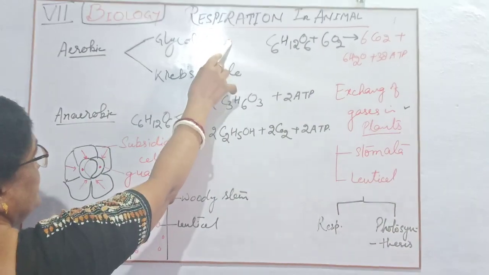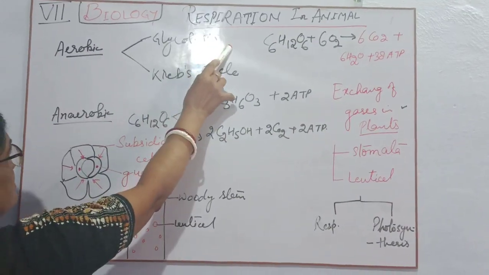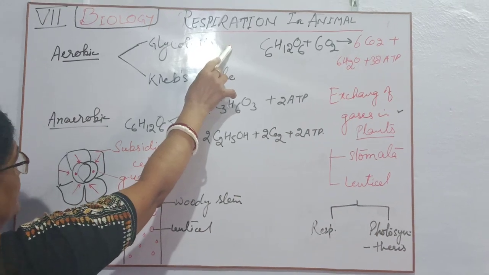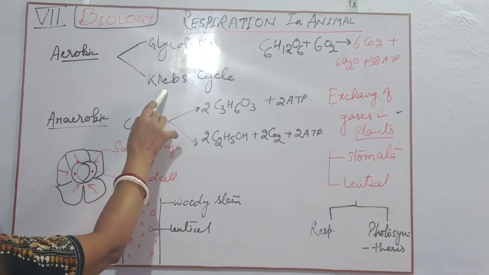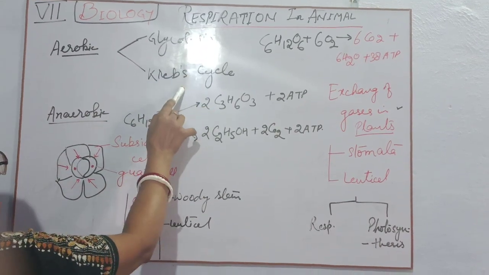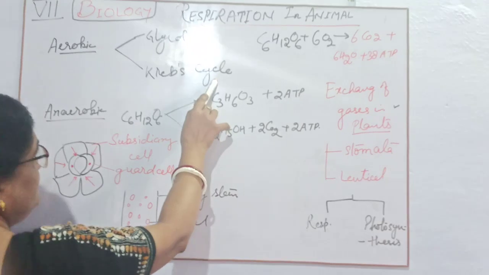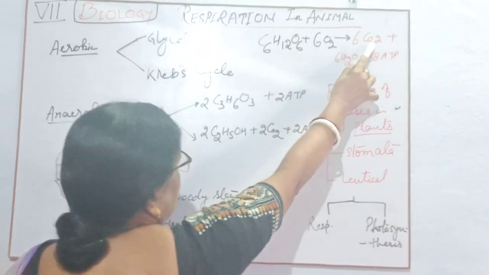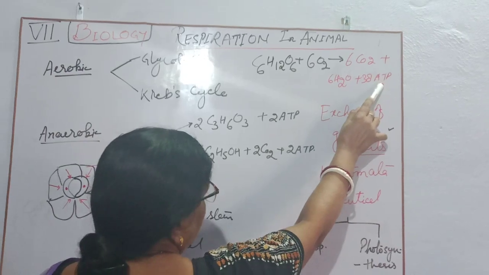There is no need of oxygen. In glycolysis there will be the formation of pyruvic acid. In the second step, the Krebs cycle, this pyruvic acid goes to the mitochondria of the cell and is decomposed into carbon dioxide, water vapor and 38 molecules of ATP.